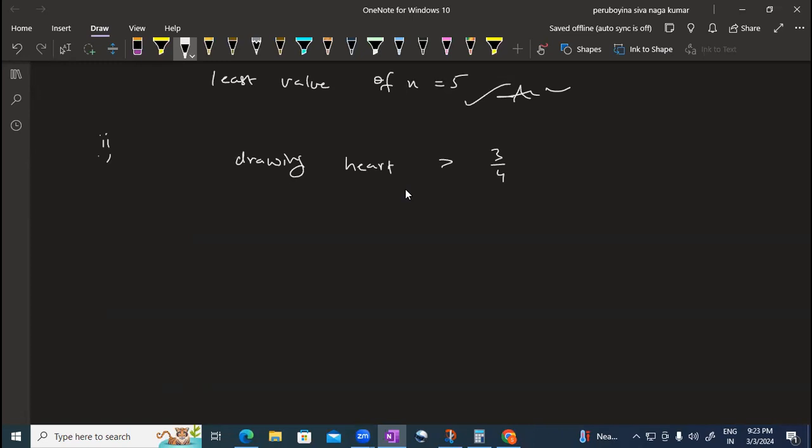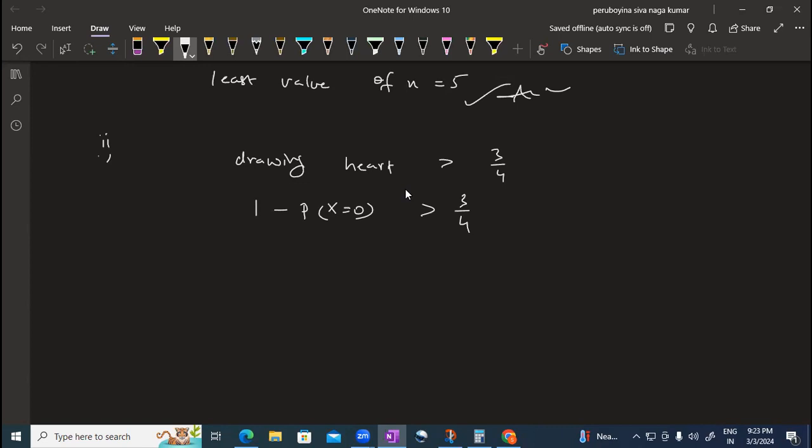So in every case, drawing a heart means you can do 1 minus P of X is equal to 0. X means drawing hearts, and 0 means no hearts. What we are doing, 1 minus no heart means heart drawing only, right? Greater than 3/4.